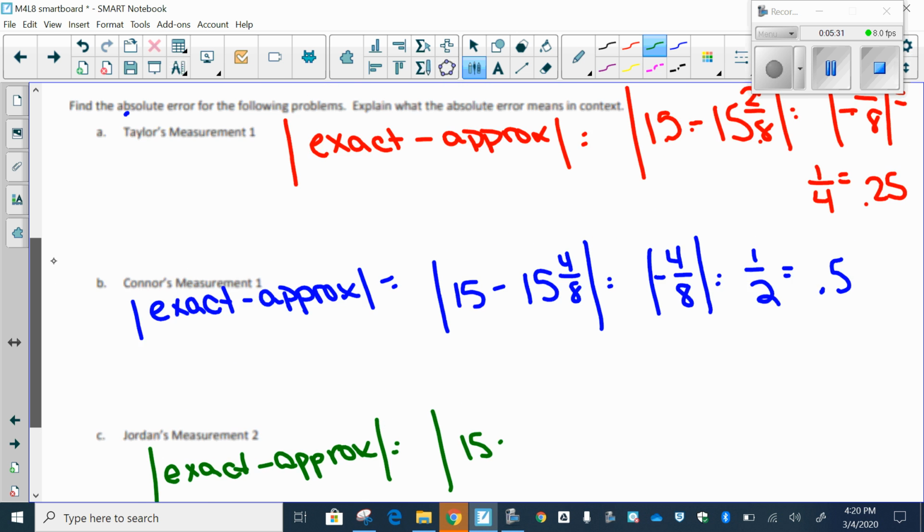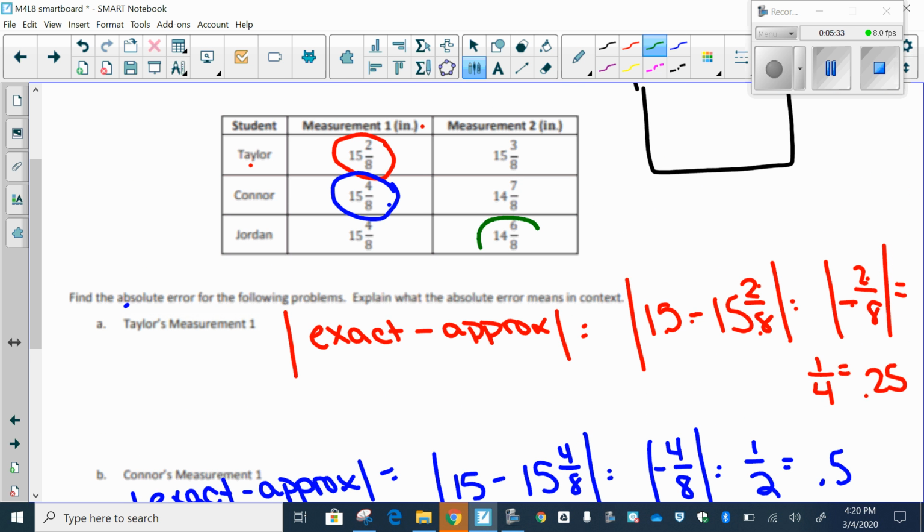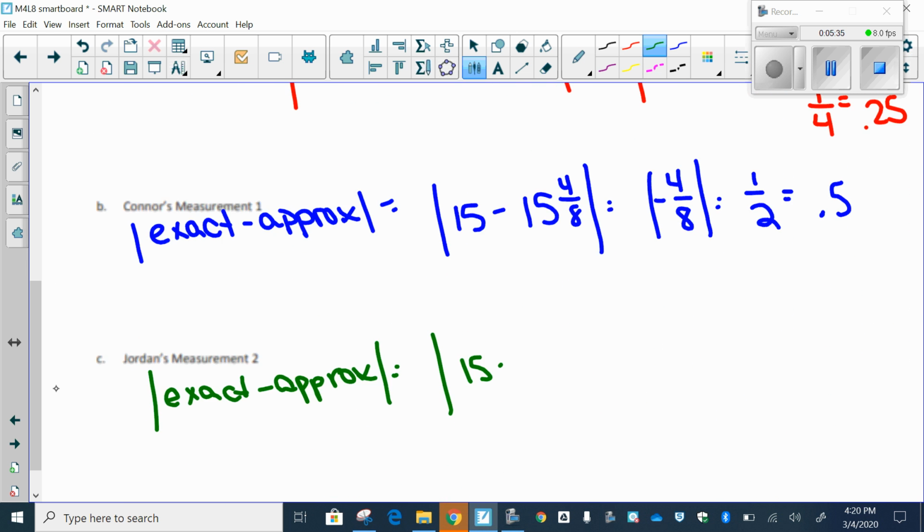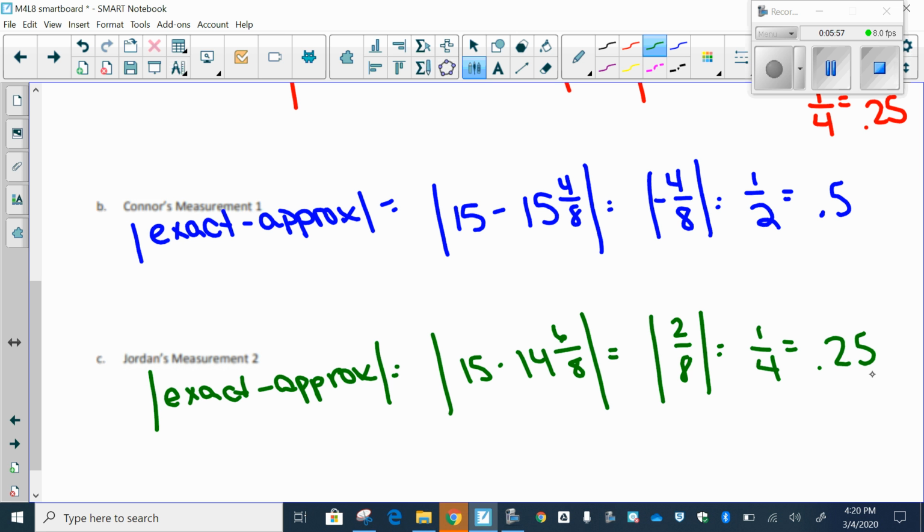Jordan's measurement 2 is 14 6/8. 15 minus 14 6/8 equals 2/8. Absolute value of 2/8 is going to be positive. 2/8 simplifies to 1/4, and 1/4 as a decimal is 0.25 or 25/100.